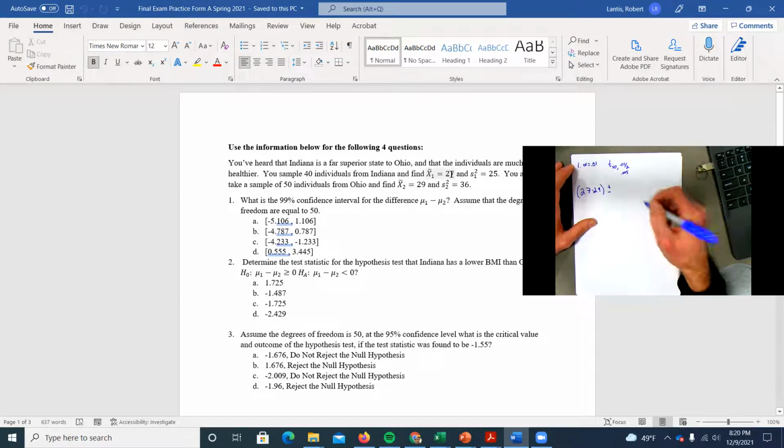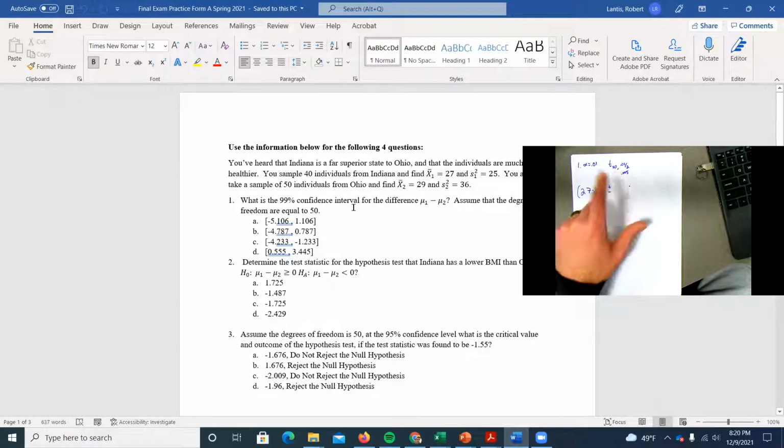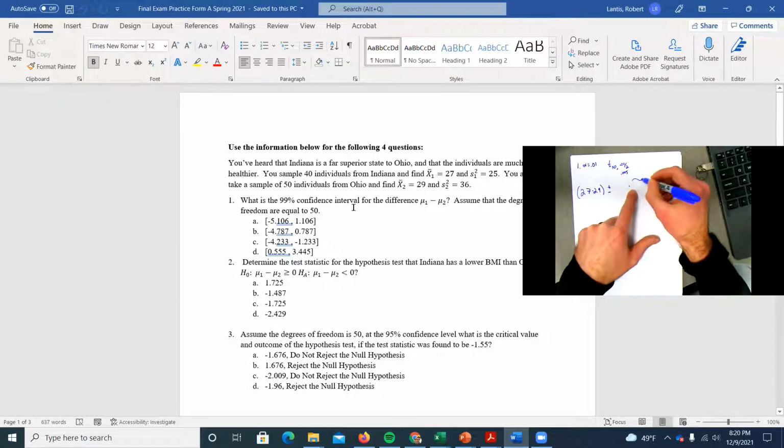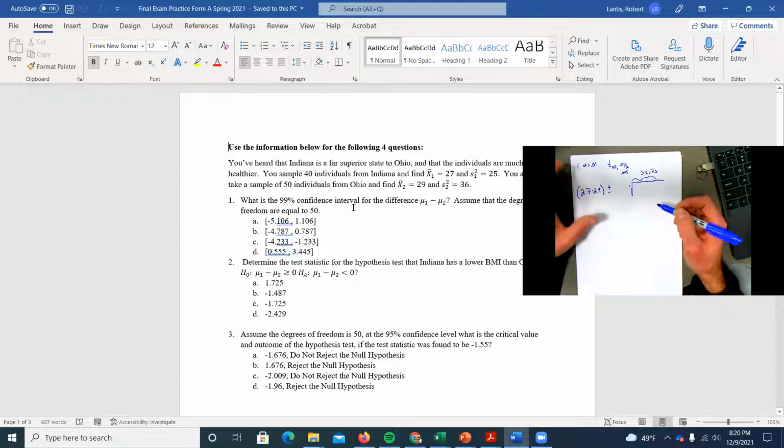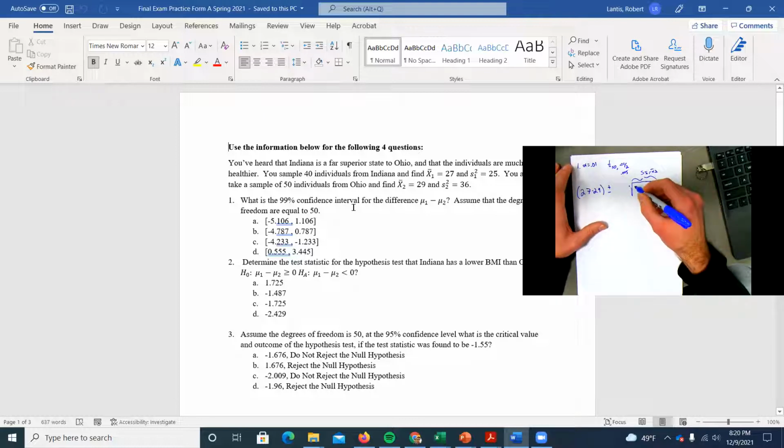I'll then go a certain number of standard deviations to the left and the right, and then multiply that by the standard deviation for that difference in my sample means, which the formula sheet reminds us is just the square root of each group's variance, so 25, over that group's sample size of not 50, 40 here, and then add the other group's sample variance over its sample size, which we had 50 people from Ohio.